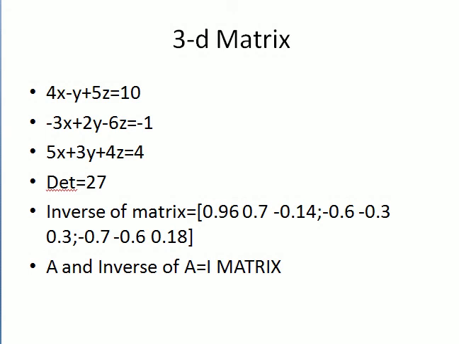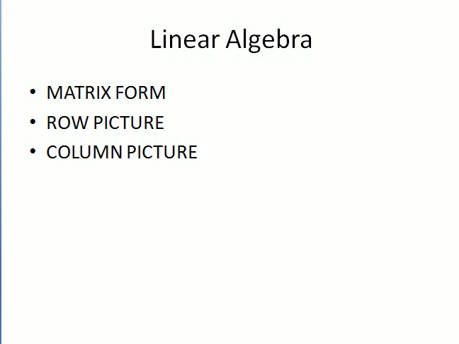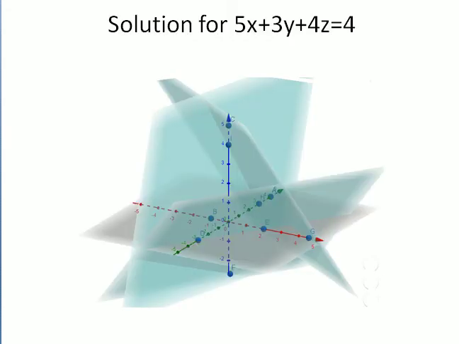Okay. So that's all for today's video. Let me give you a short glimpse of what we have learned today. We have learned about matrix form, row picture and column picture. The row picture is much easier, and when it goes to higher dimensions, it goes from easy to difficult. We can visualize till 3 dimensions, but you cannot visualize higher dimensions.